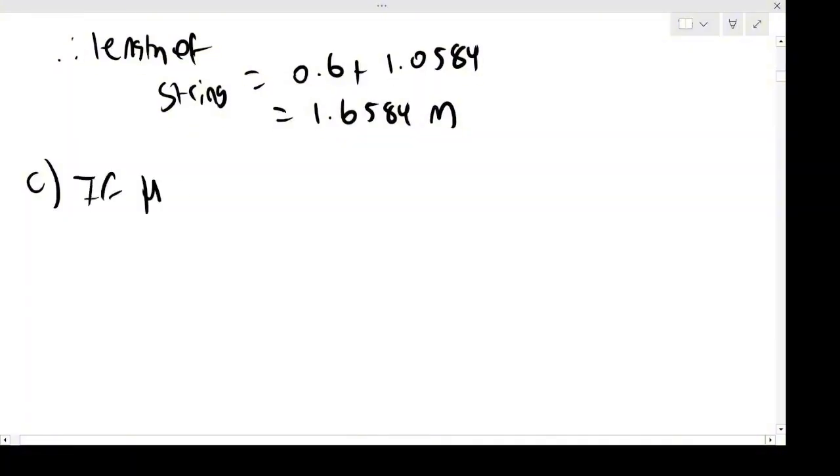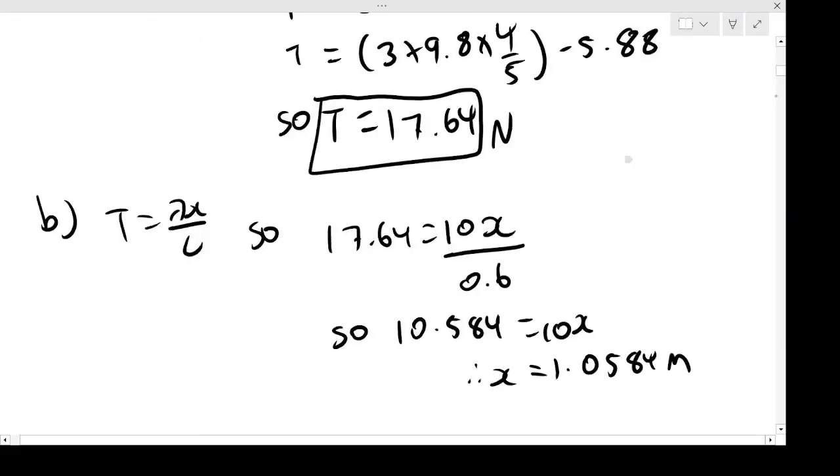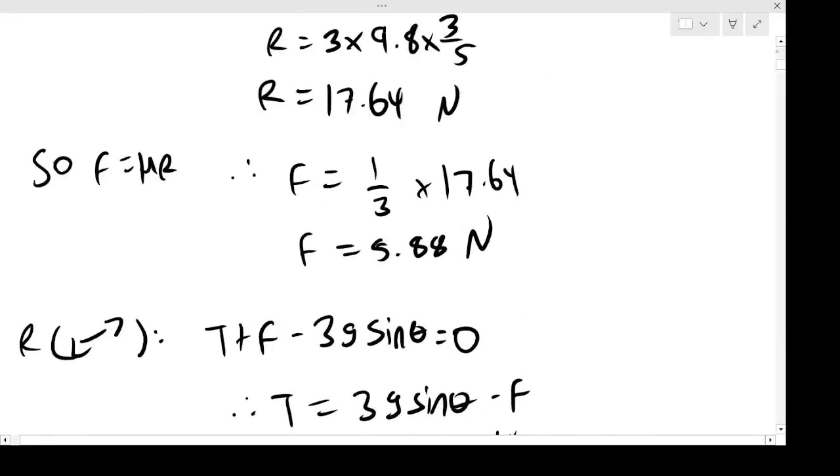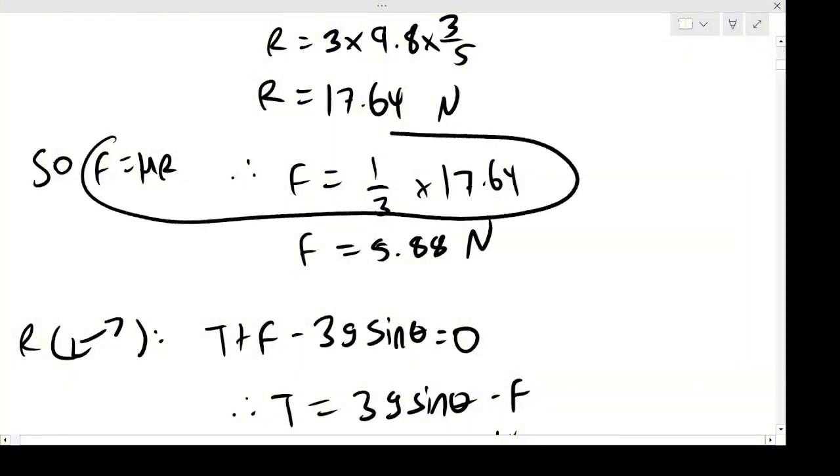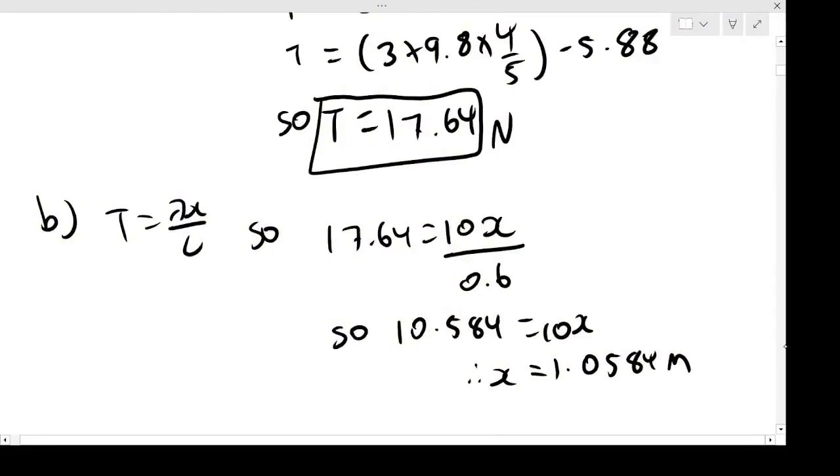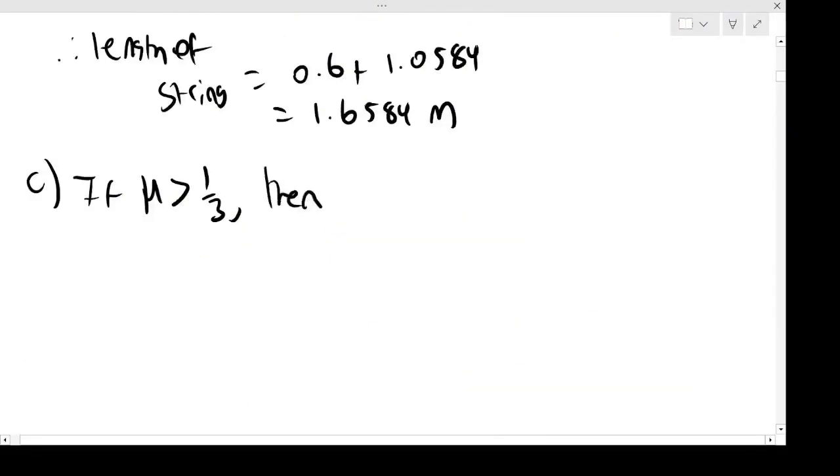If mu is greater than a third, well, what equation involves mu? It's F equals mu R. Here, F equals mu R. So if mu is bigger, that means the friction would be bigger. Then F would increase.